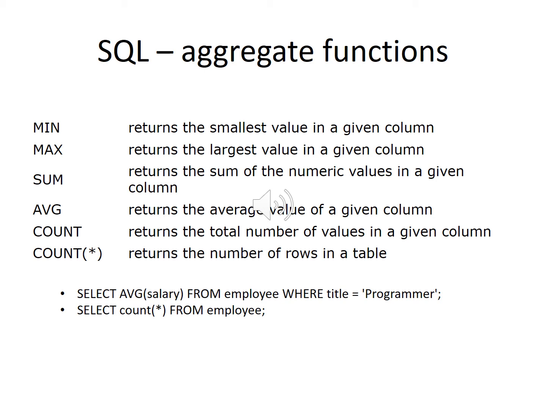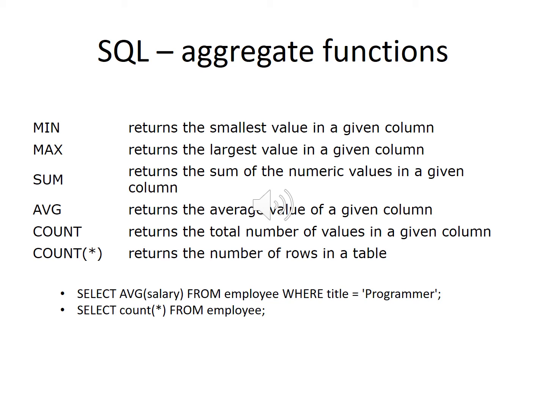Minimum and maximum return, accordingly, the minimum value or the maximum value in a given column. Sum will return the sum of numeric values in a given column. Average will return the mean value of the given column. Count will return the total number of values in a given column, and count star returns the number of rows in a table.